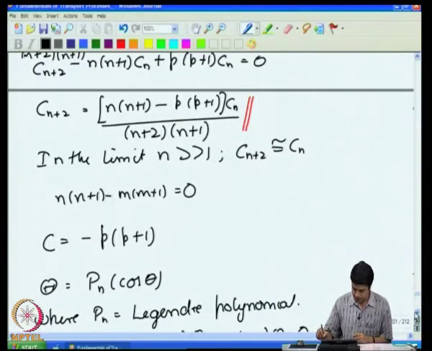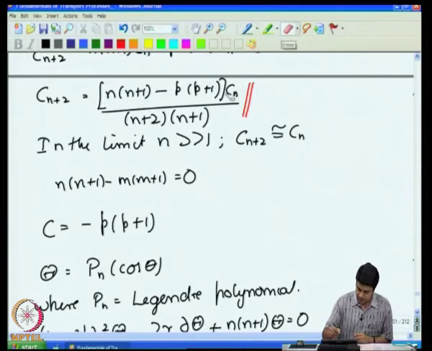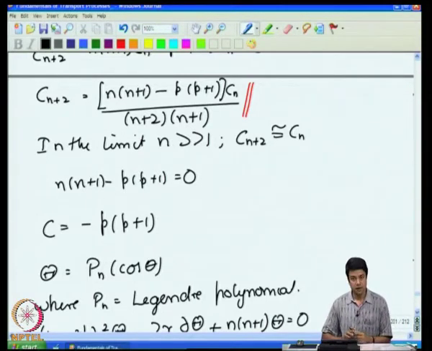Only if this coefficient is of this specific form will I get a convergence for the series solution. And the solutions for which p is an integer are what are called Legendre polynomial functions. For a given value of p, this function is a pth order Legendre polynomial.